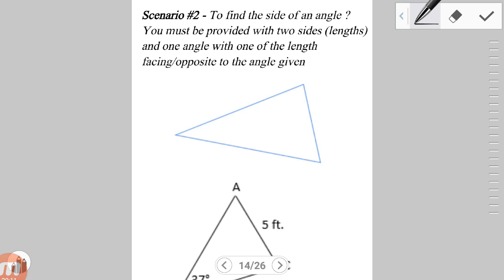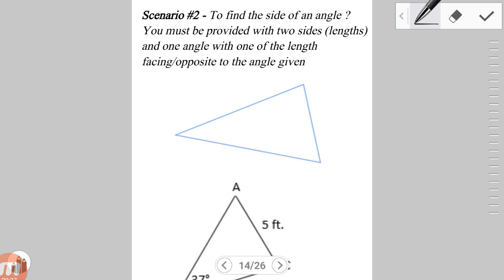So scenario number 2 is that to find the size of an angle, you must be provided with 2 sides or 2 lengths and 1 angle. Are we just provided with any 2 lengths and any angle? Like scenario number 1, no, it has to be very specific.